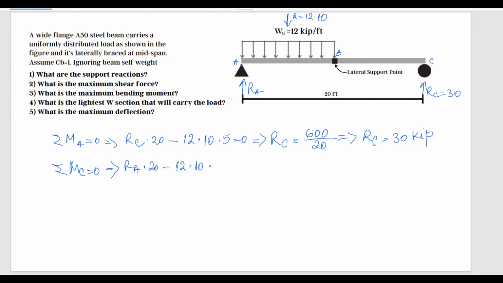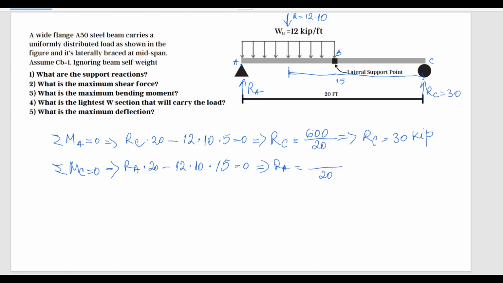And now the arm is this distance over here, which is 5 plus 10. The arm is 15 feet. So I have 15 equal to 0. And from this equation, RA equals 20.